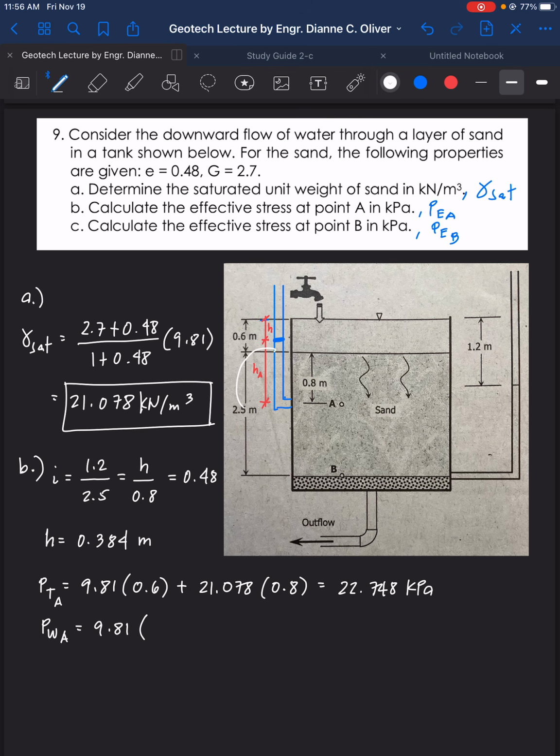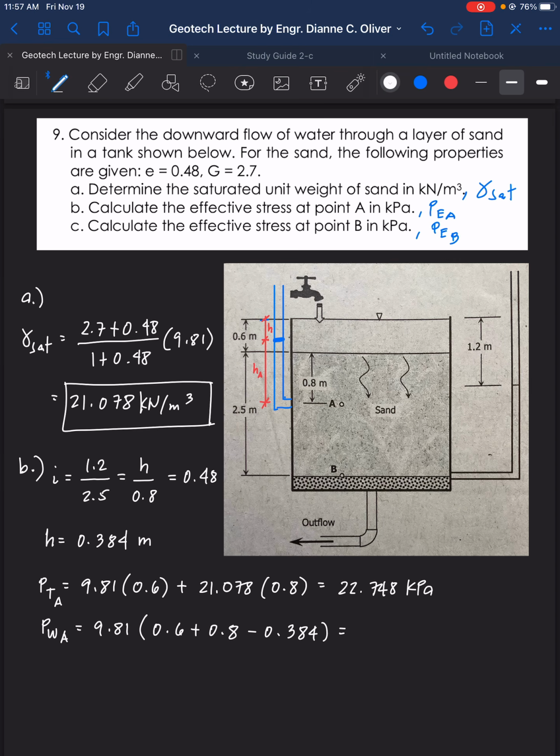We are actually looking for the value of H sub A. And the value of H sub A is equal to the total height here, 0.6 plus 0.8, minus the H, 0.384.